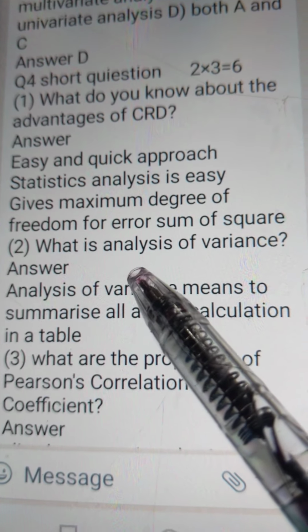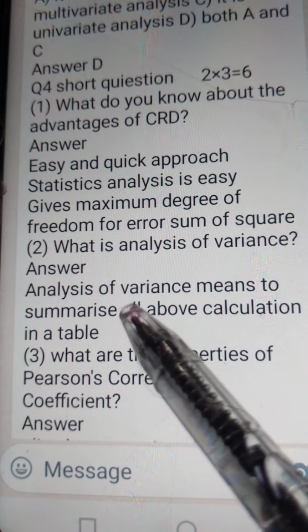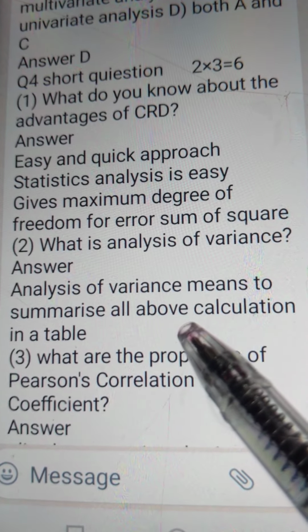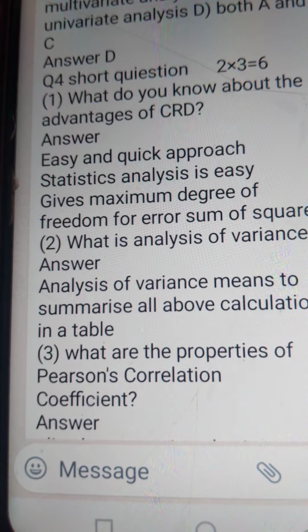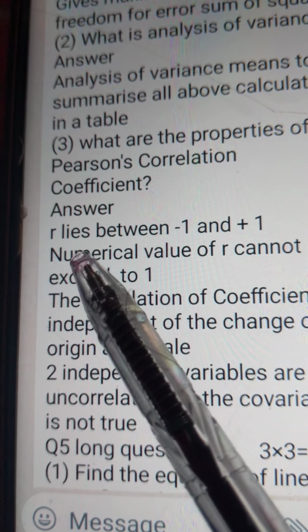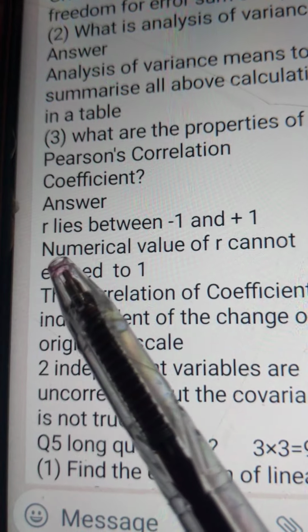Question 2: what is analysis of variance? Analysis of variance means to summarize all the above calculations in a table. Question 3: what are the properties of Pearson's correlation coefficient? Answer: r lies between -1 and +1.